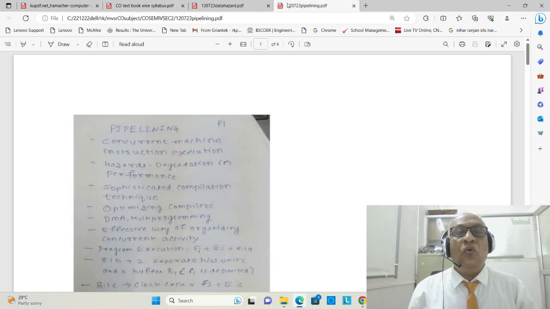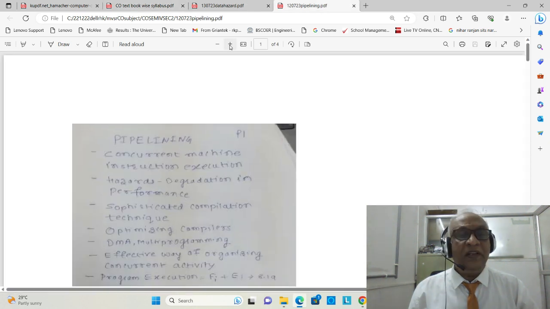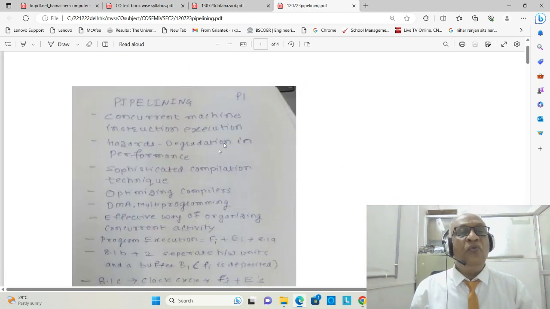So what was pipelining? The objective of pipelining was organizing in an effective way the hardware and the system so that concurrent activities are facilitated. In pipelining, the basic crux is concurrent machine instruction execution.